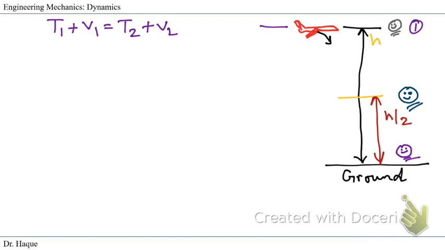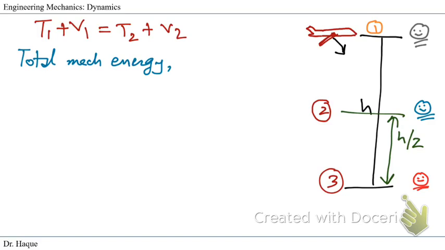So at that position, the total mechanical energy E at position 1 will be only the weight of the person.